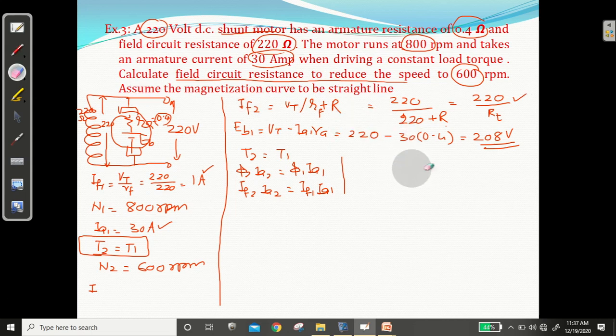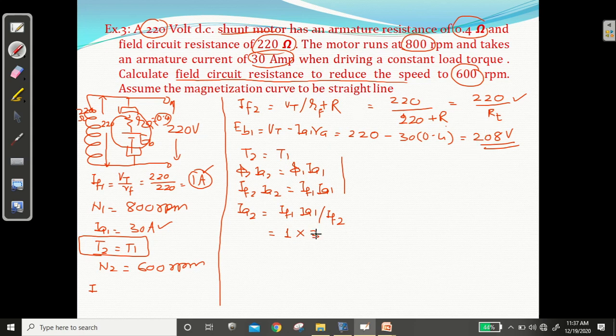Okay, so we can find the IA2. IA2 equal to what? IF1 into IA1 upon IF2, राइट ना? IA2 मिल जाएगा. What is IA2? IF1 कितना है? 1 into IA1 कितना था? Sorry, IF1 was 1 ampere. देखो ये 1 ampere था, right? IA1 कितना था?